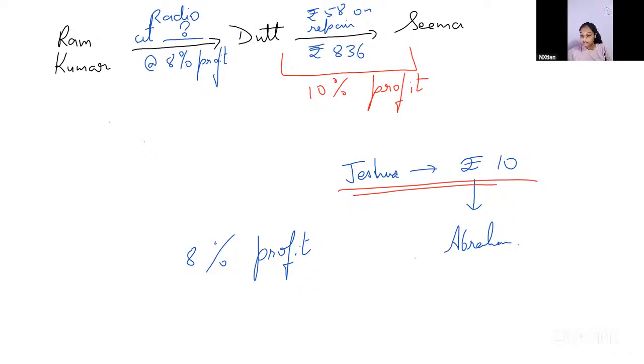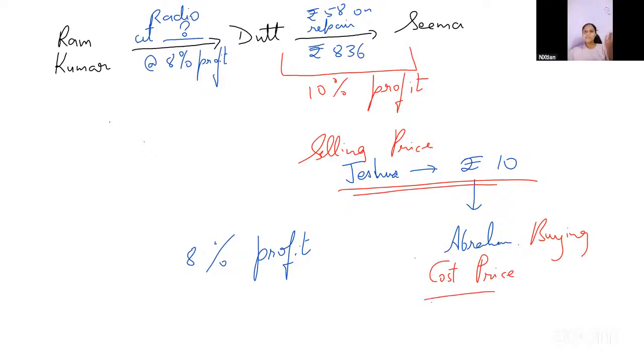Joshua is selling, so this 10 rupees is selling price for Joshua. Abraham is buying from Joshua, so this 10 rupees is cost price for Abraham.